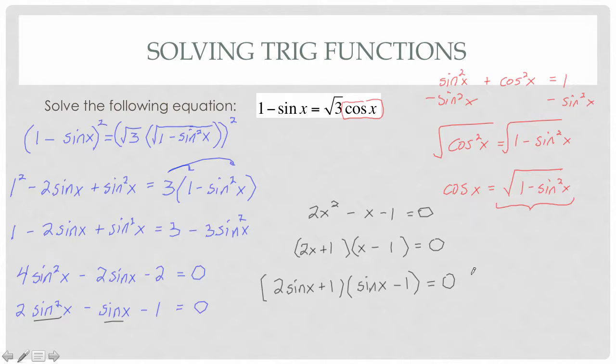Again, we're using factoring, we're using quadratic methods. So when does 2 times the sine of x plus 1 equals 0? If I subtract 1 and divide by 2, that's the same as when does the sine of what angle equal negative 1/2?